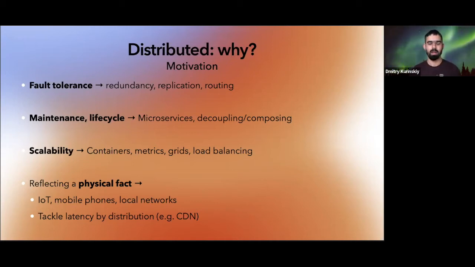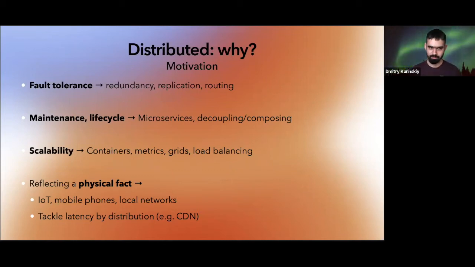Second, I want to have everything I'm doing manageable. I want it to be maintainable, and I want to decouple life cycles of different parts of my service. So that's about decoupling and composition. And the common approach is microservices. So I can reuse microservices in different languages, I can wire them together, and so on.